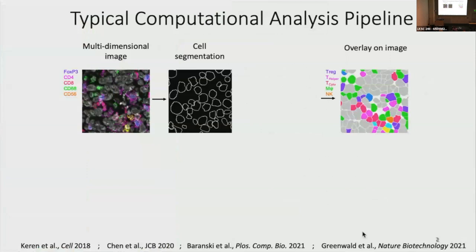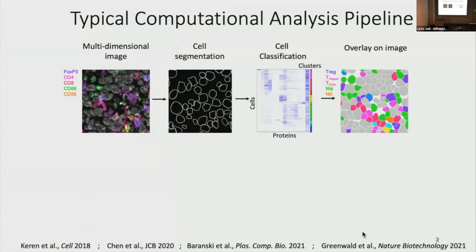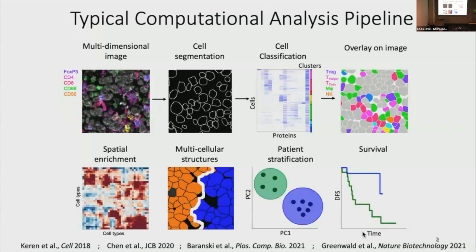We've already gone over our typical computational analysis pipeline and where cell classification fits in after segmentation. There's all kinds of tools that have been used, and clustering is just the prevalent one that we show in these examples. But really the importance is that all of our downstream analysis depends on having accurate classifications.